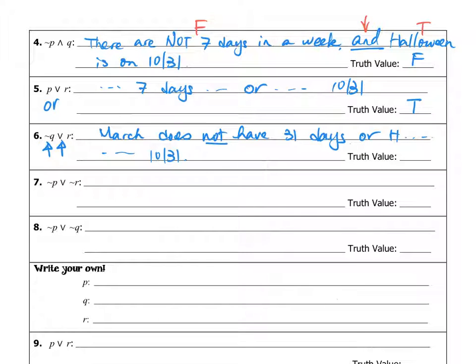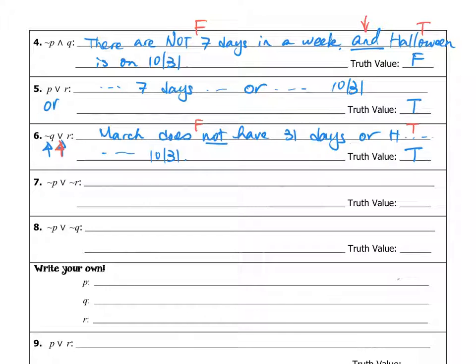So in this case, we know this is false and this is true, but because of this or, at least one of them is true. So the statement put together is true.